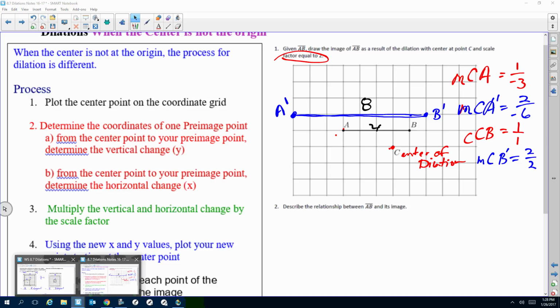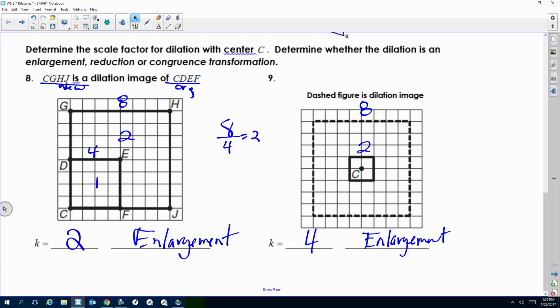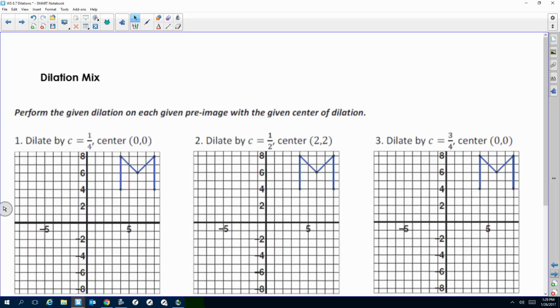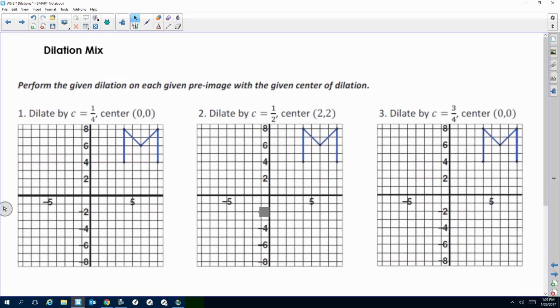So on your homework, go to the back of your homework. All right. On your dilation mix, guys, because I'm going to see if you can at least do one.